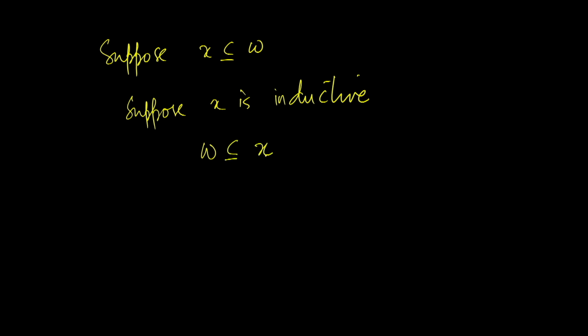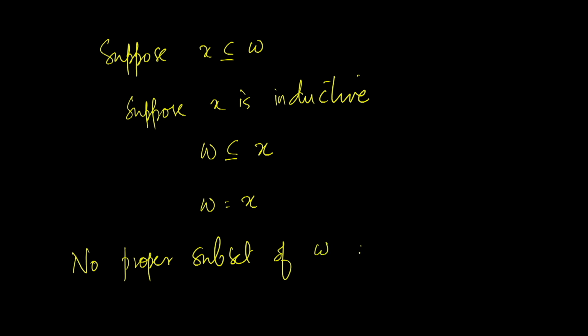But since X is a subset of omega, this implies that omega is equal to X. What it means is that if X is a subset of omega and X is inductive, then X has to be the same as omega. Or in other words, no proper subset of omega is inductive.